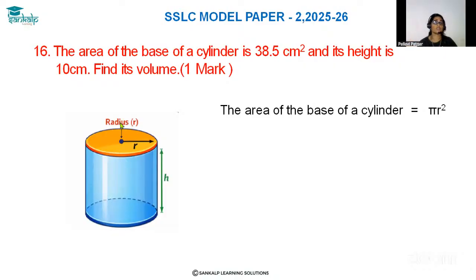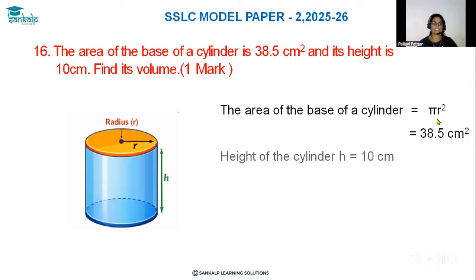So here area of the circle formula is pi r square. Okay. So the area of the base of a cylinder, pi r square, is given as 38.5 centimeter square. And also the given height of the cylinder is equal to 10 centimeter.